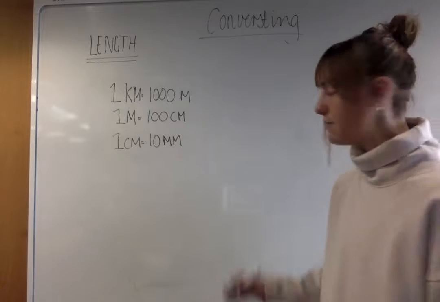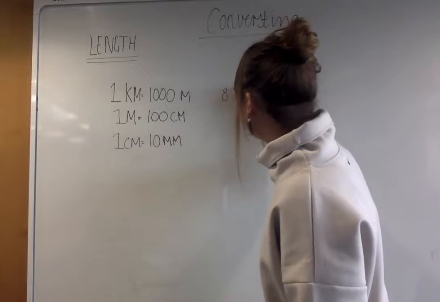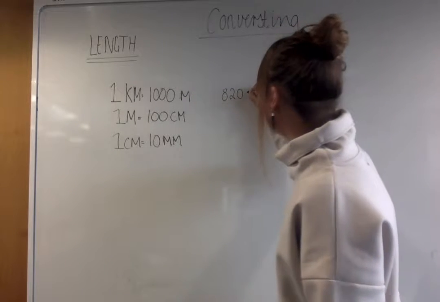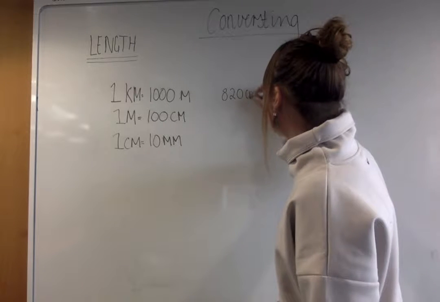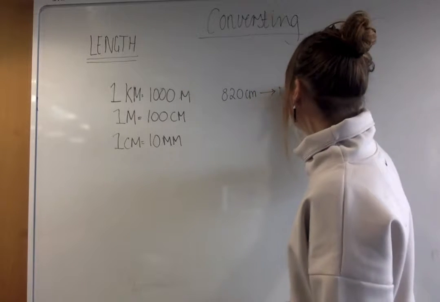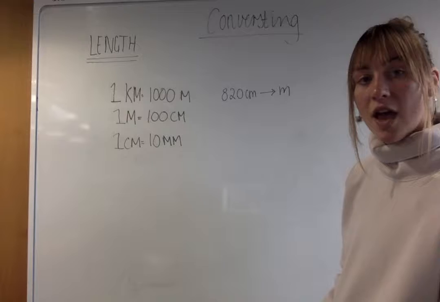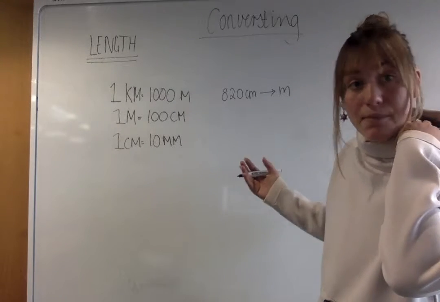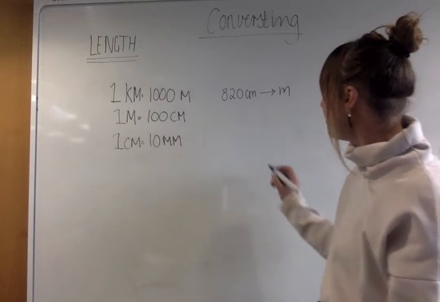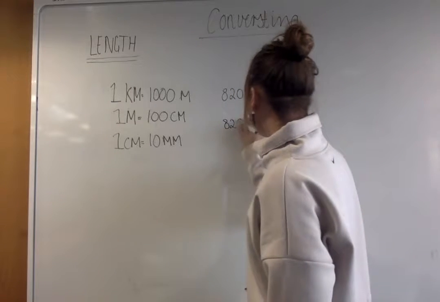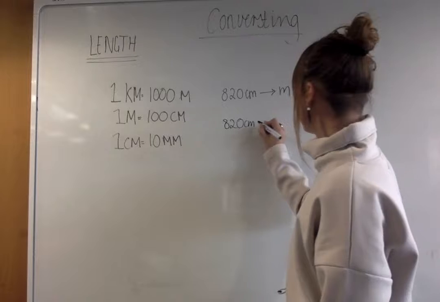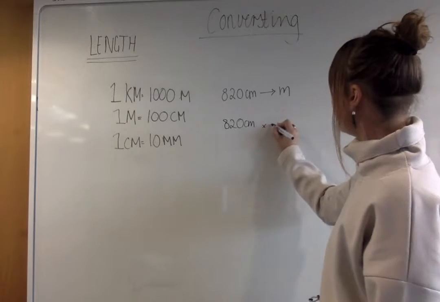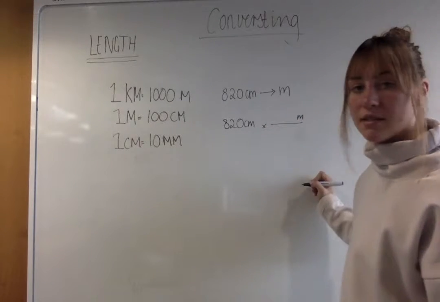So I'm going to show you guys an example. Just say we wanted to convert 820 centimeters to meters. How we go about that is we're going to set up a little multiplication sum and find the answer. So we will have 820 centimeters and we want to find meters.